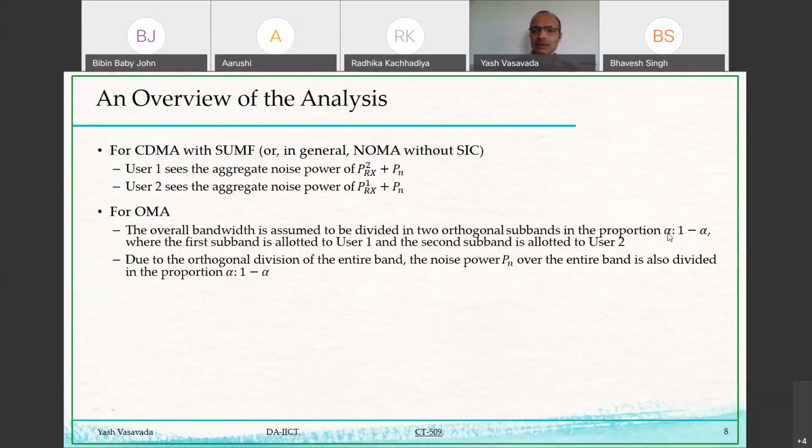And so that can be any number alpha between 0 and 1. And what happens is that because you are dividing the overall bandwidth in this proportion, the noise power that the two users see is also getting divided by the same proportion.